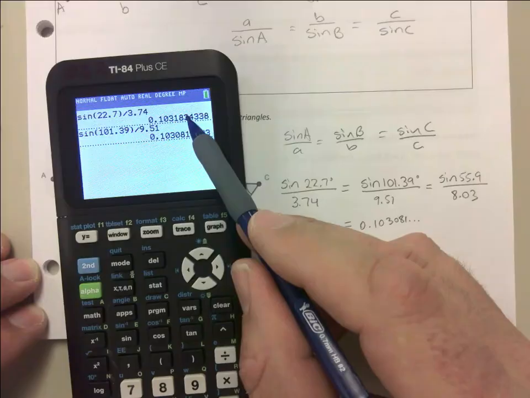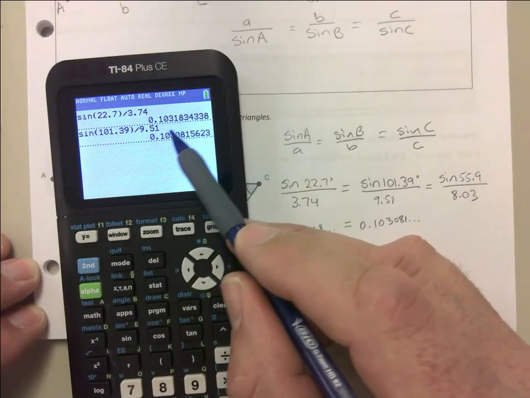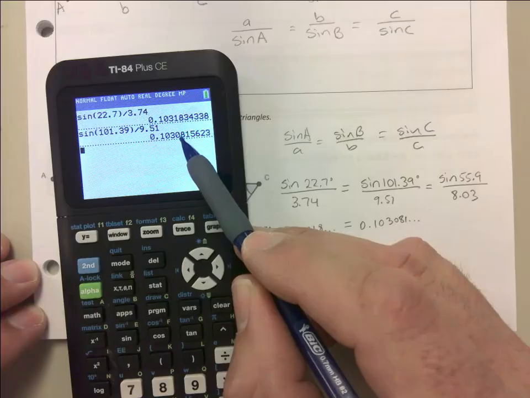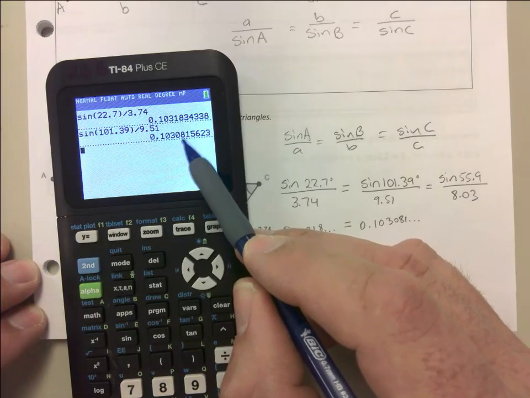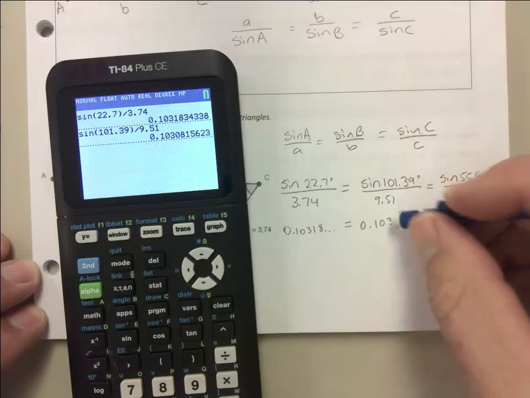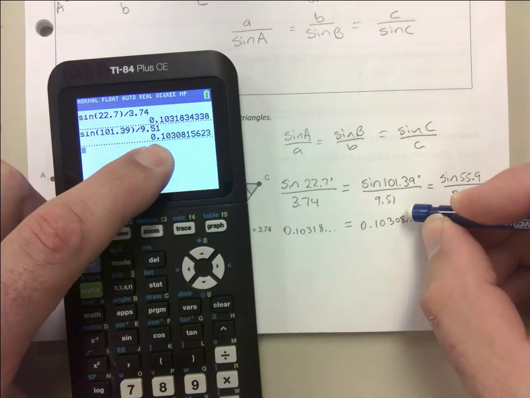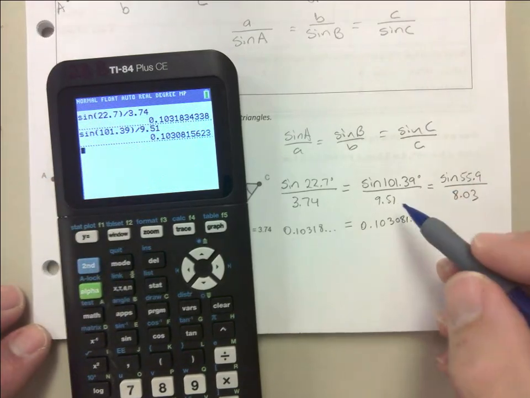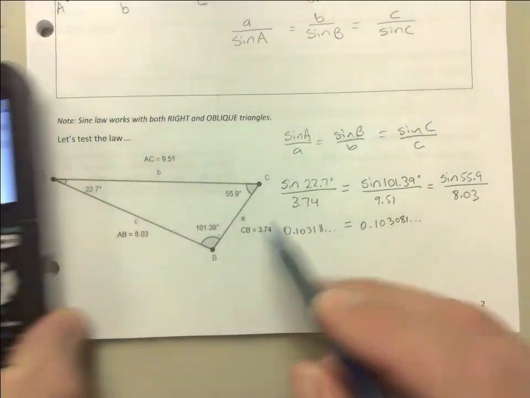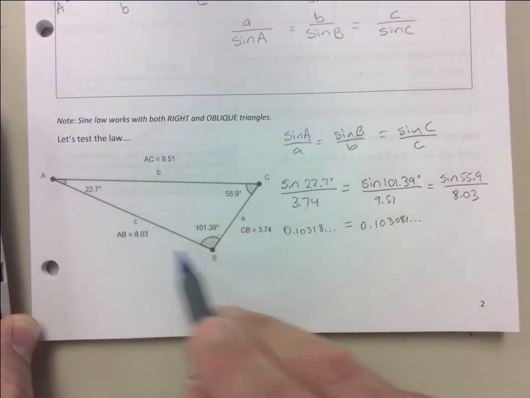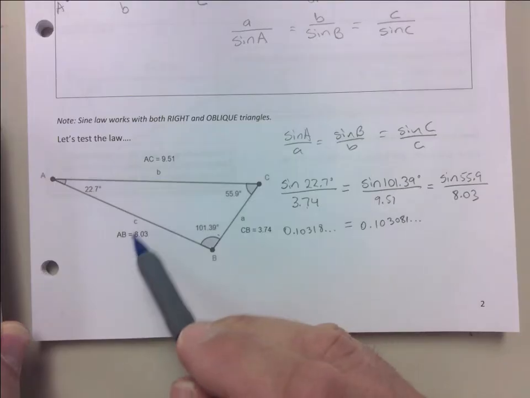You notice, though, if you look at the answers, it's slightly off, right? Should have actually rounded it to 4, maybe. And that's because I had to round the side lengths, right? When I actually copied this from GeoGebra, I had to round it.